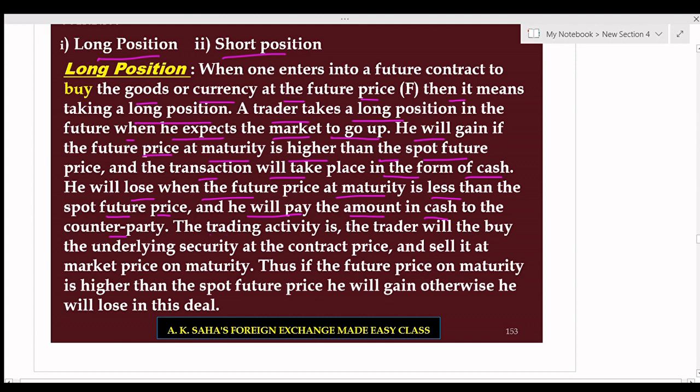The trading activity is that the trader will buy the underlying security at the contract price and sell it at market price on maturity. Thus, if the future price on maturity is higher than the spot future price, he will gain, otherwise he will lose in this deal.